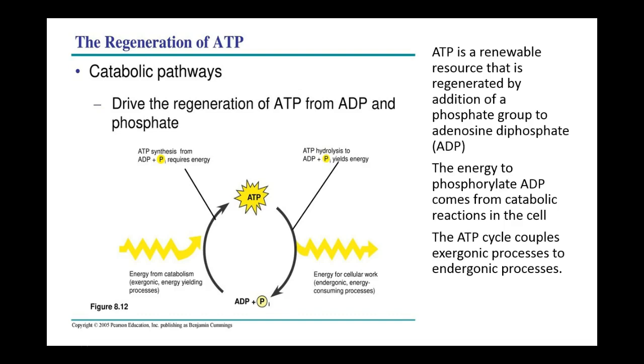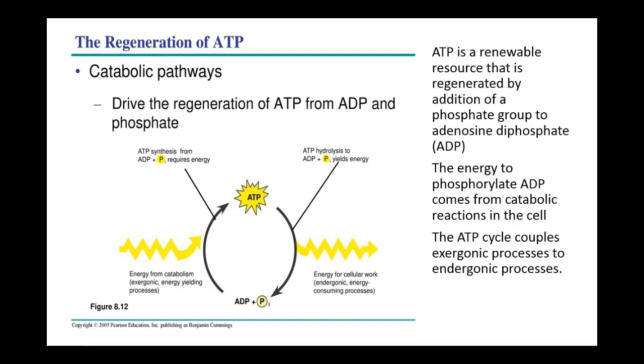And again, what I've just said, catabolic pathways drive the regeneration of ATP from ADP and phosphate. So catabolic is breaking down. We also anabolically build up. The energy to phosphorylate ADP comes from somewhere else, from a catabolic reaction somewhere else to cause that phosphate to be put onto ADP.